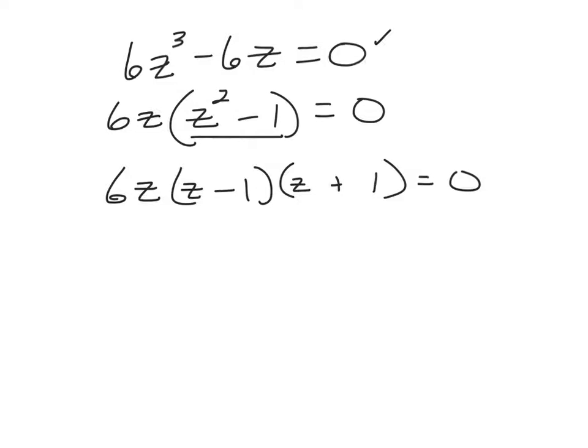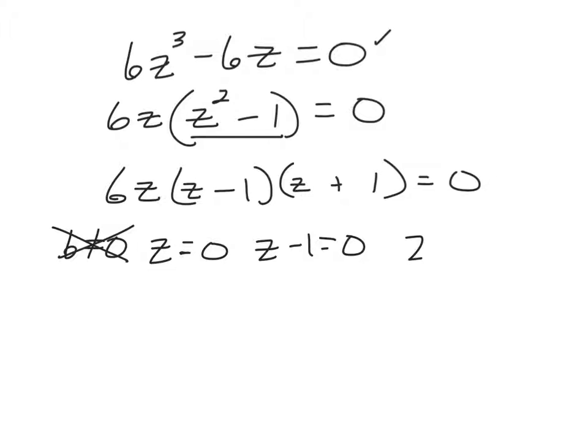And this time we have 1, 2, 3, 4 factors. So we'll set all 4 of those factors equal to 0 and solve. Well, 6 cannot equal 0, so we'll ignore that. But z can equal 0, so there's one solution. z minus 1 could equal 0, we'll solve that and get another solution. And z plus 1 could equal 0, so we'll solve that and get another solution.